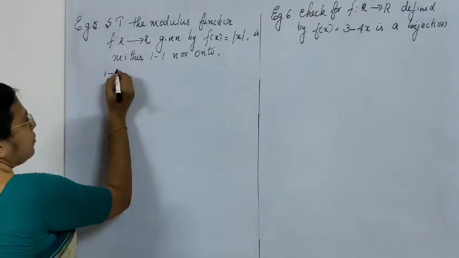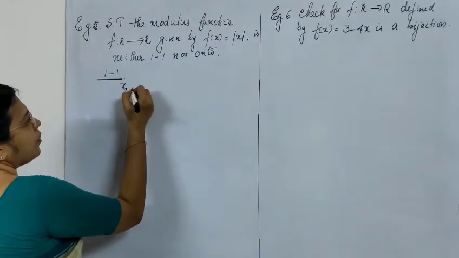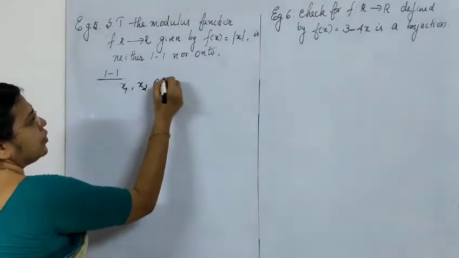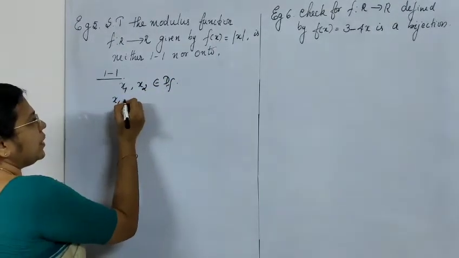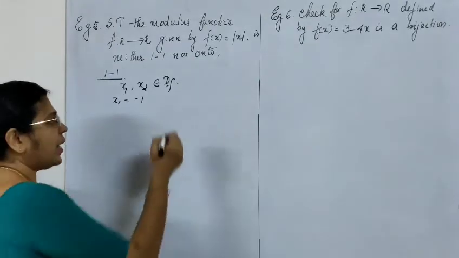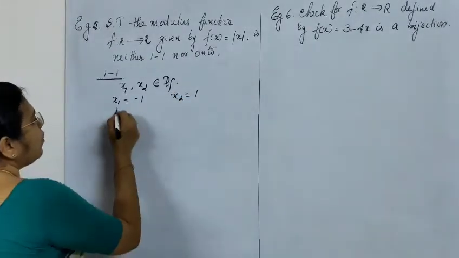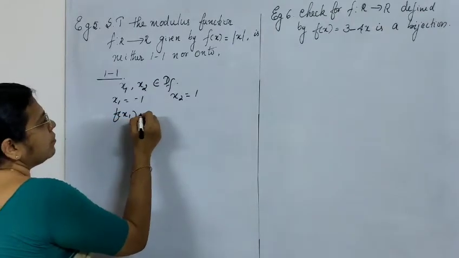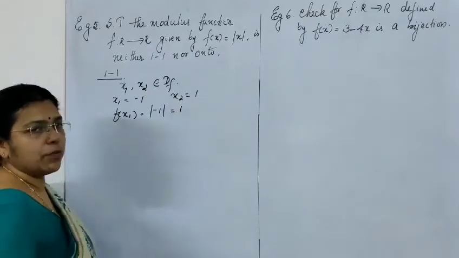To check for 1-1, I take x1, x2 belonging to the domain of the function. Let this x1 be minus 1 and x2 be 1. Now, f of x1 means what? Modulus of minus 1, which is equal to 1.